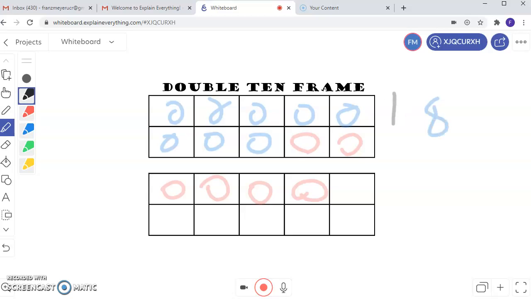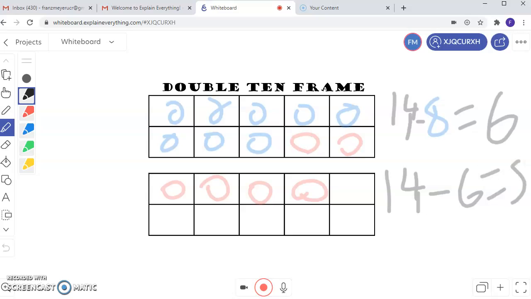So if we do 14 minus 8, that's a little cramped, but that's okay. That is going to equal, what is it? It's 6, right? Now, since we've seen this before, we know that if we want to take away all of the red dots this time, we're going to do 14 minus 6. We know that the answer is going to be 8. All right. Good job, everybody.